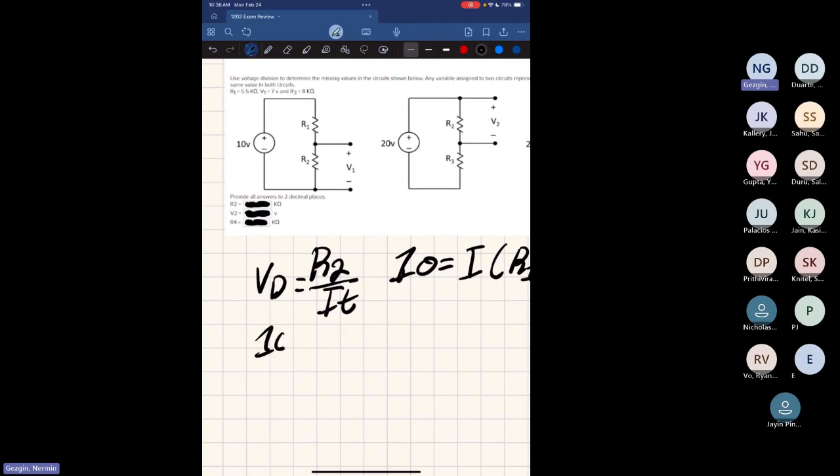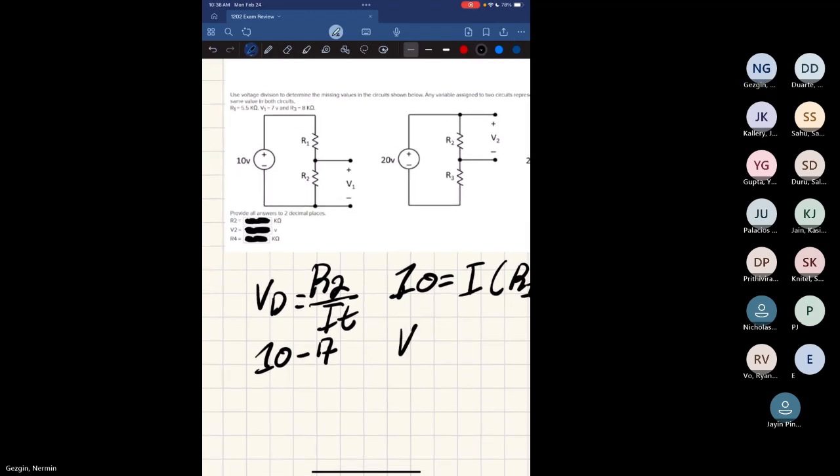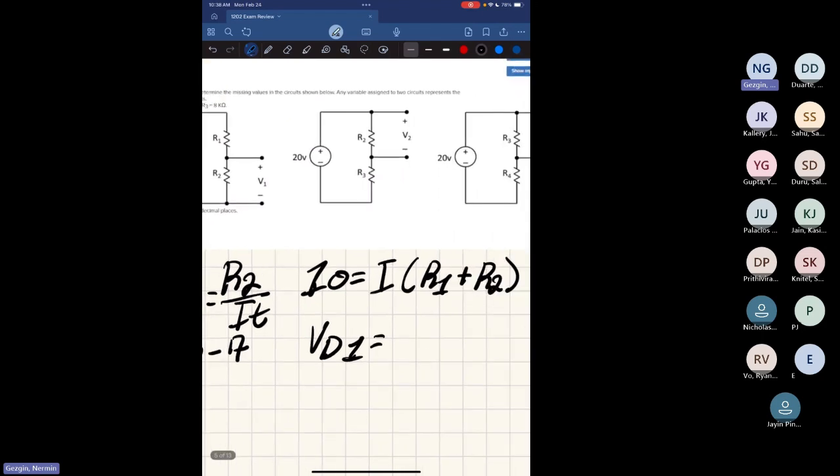So 10 minus 7. There's a voltage drop of 3 volts across R1. So the VD of R1 is equal to 3 volts.